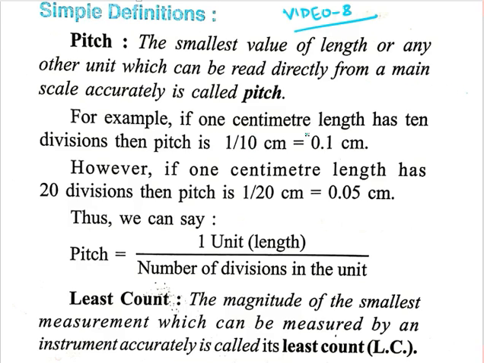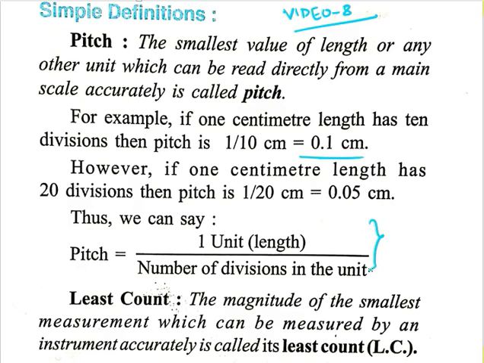So here the pitch will be 0.1 centimeter. However, if 1 centimeter has 20 divisions, then our pitch will be 1 by 20 centimeter, that will be 0.05 centimeter.